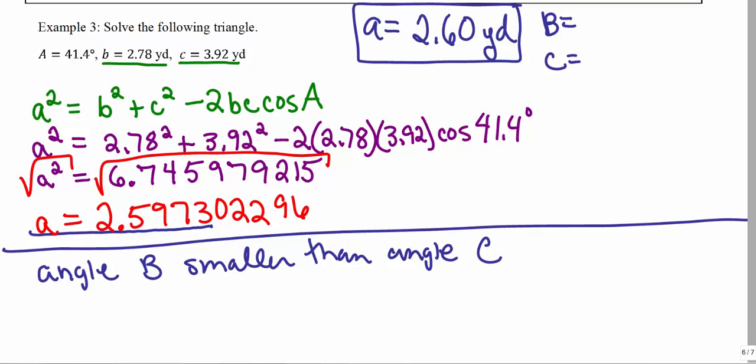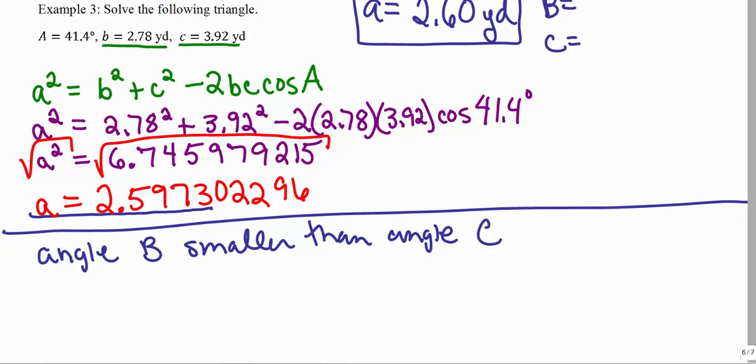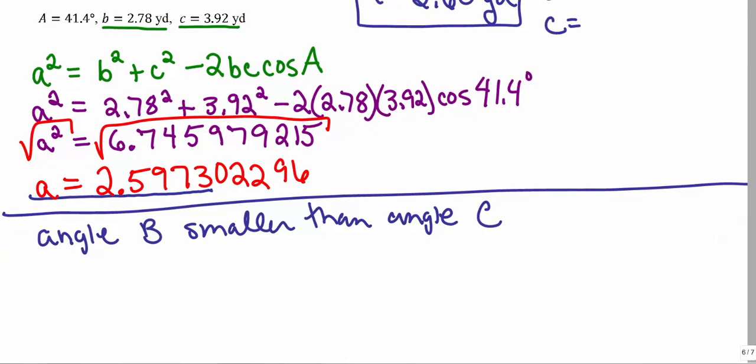And we don't have any ambiguity because we know for sure that it has to come from quadrant 1. So we now know angle A and side A. So we're going to set up one of our fractions using the law of sines.